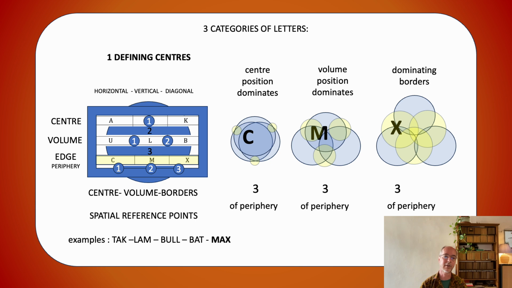Either the center position of the borders dominates, or the volume at the borders dominates, or the borders themselves dominate. Those are the three ideas that come forward. There are a couple of associations you can continue from there, but that's not what I'm going to talk about. I'm only going to talk about what you can do with it in the word.